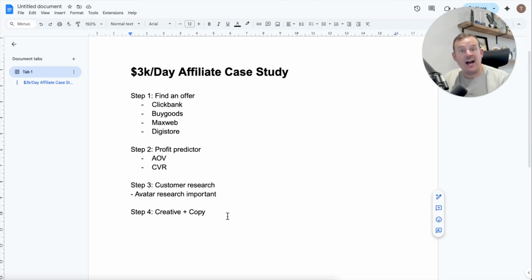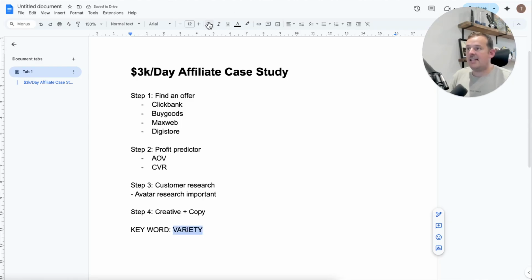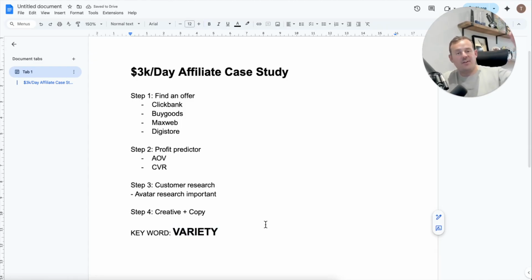Now, outside of that, what I mentioned before is variety. If I can spell it, the keyword is variety, right? Because when we have an offer that we think has gone through our profit predictor and we like what we see, and I think we can make this work, then we go through the creative and we make variety.